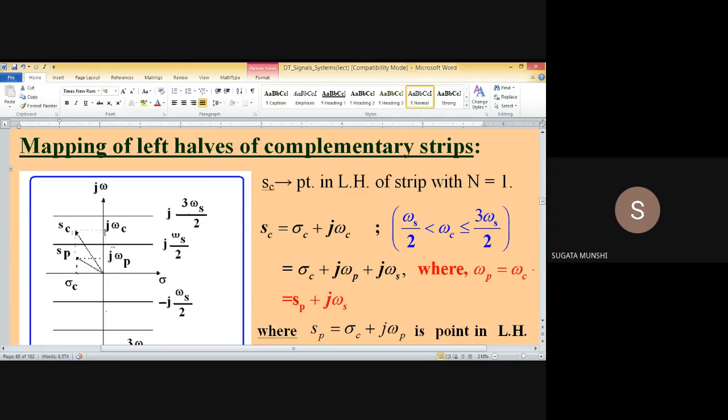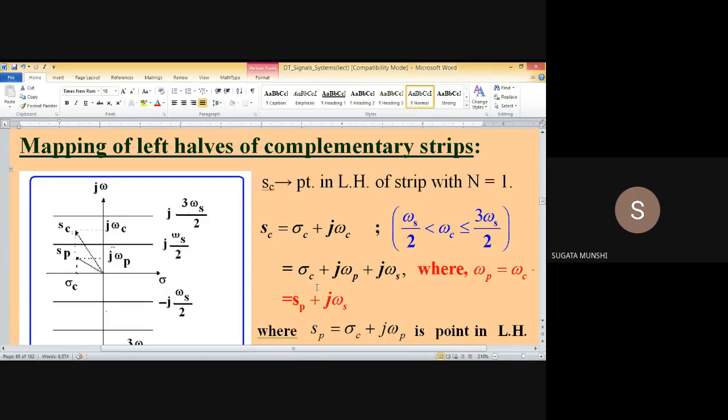So this stretch is omega s, the width is omega s. That is valid for every point present in this left half of the strip corresponding to n equal to 1. So SC is sigma c plus j omega c. Omega c is greater than omega s by 2, less than or equal to 3 omega s by 2, because we are considering n equal to 1.